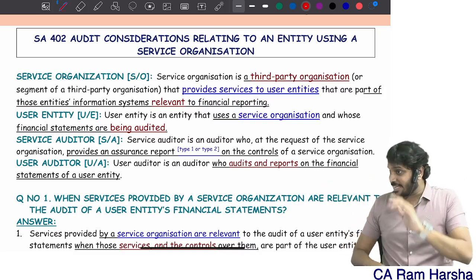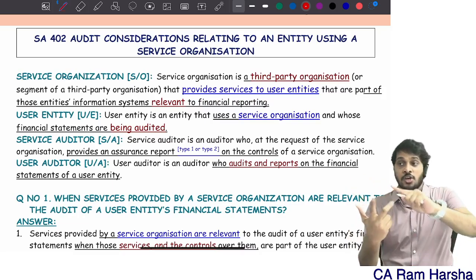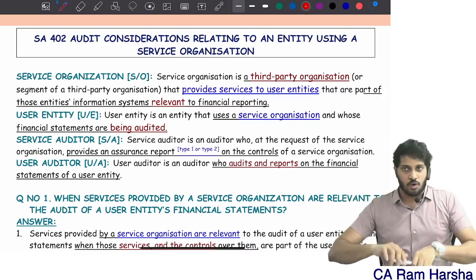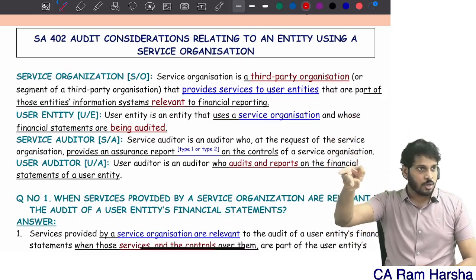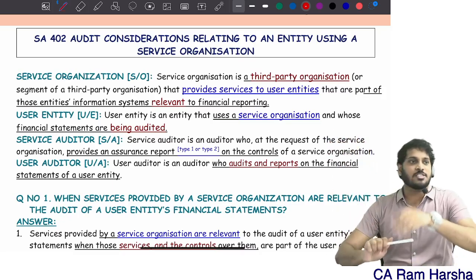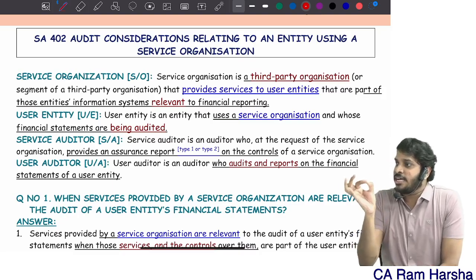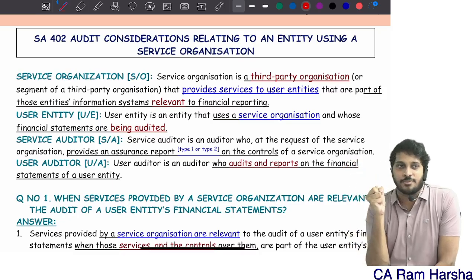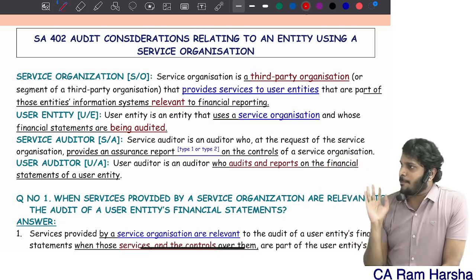What does the document contain? The document contains controls implemented, control objectives, and suitability of these controls. They will give you a list of what controls were implemented, what the objectives for these controls are, and how far that objective is met. Suppose one of the control objectives is that for whatever absentee days an employee has, the amount has to be deducted from salary because it is a loss of pay, and only the remaining amount has to be paid.